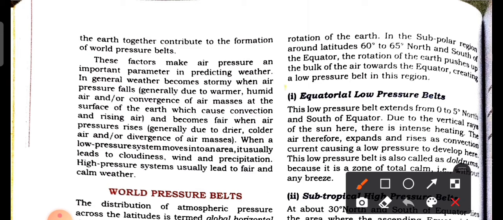So that creates stormy weather. Generally, it is due to the warmer humid air or convergence of the air masses at the surface of the earth, which causes convection and rising of the air.